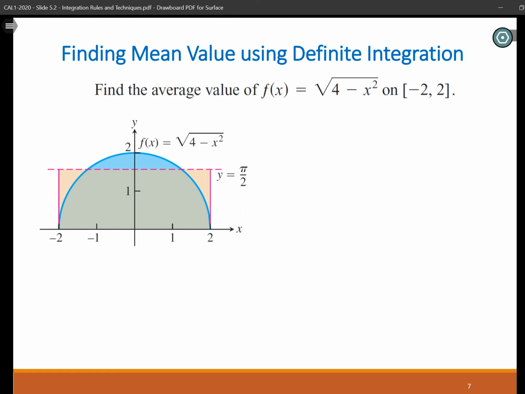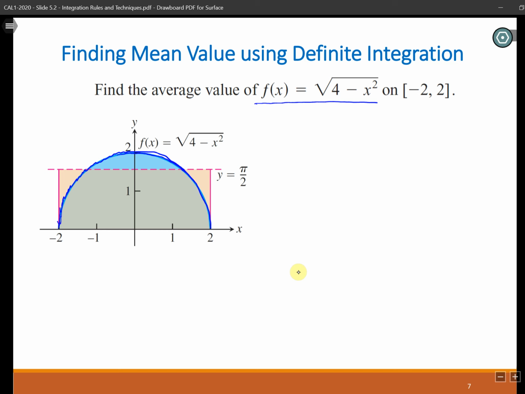Okay, so let's take a look here. We have this graph function. So this is half the circle, and this function is f(x) equal to the square root of 4 minus x squared. All right, and we have this all the way from minus 2 to 2.